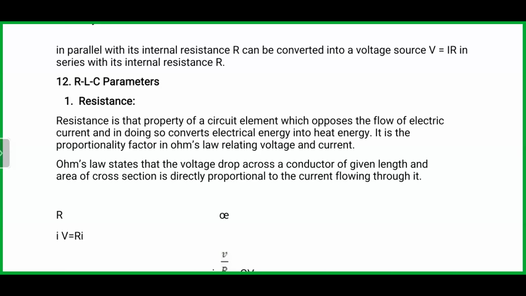Ohm's law states that the voltage drop across a conductor of given length and area of cross section is directly proportional to the current flowing through it. You see the cross section?